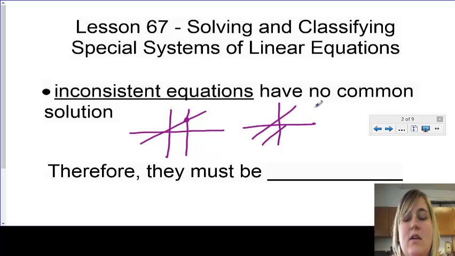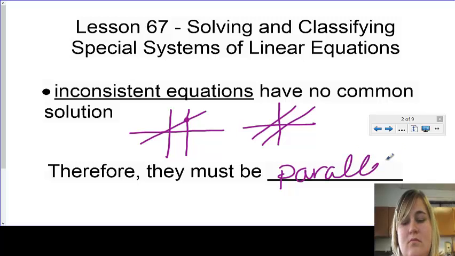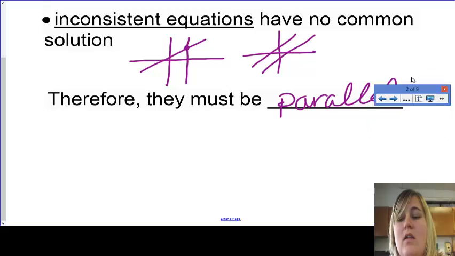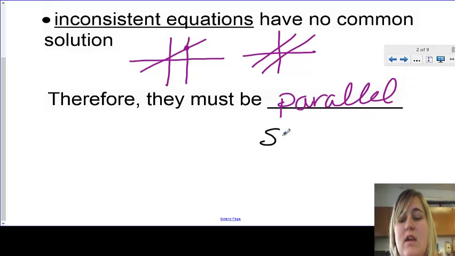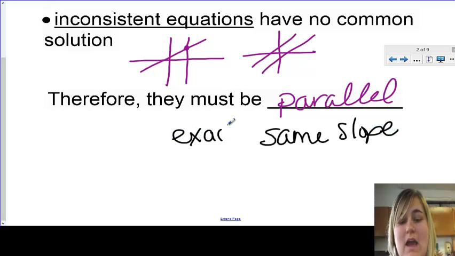They have to be parallel. So what you need to know is that inconsistent equations are parallel, and we should remember from the other day that parallel equations have the same slope. Exact same slope.